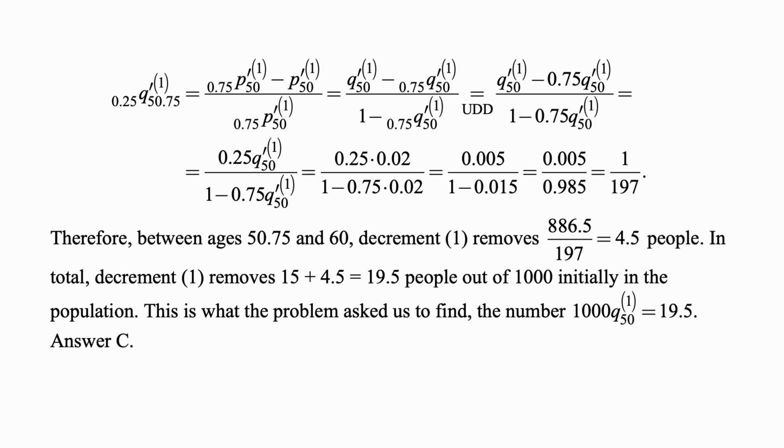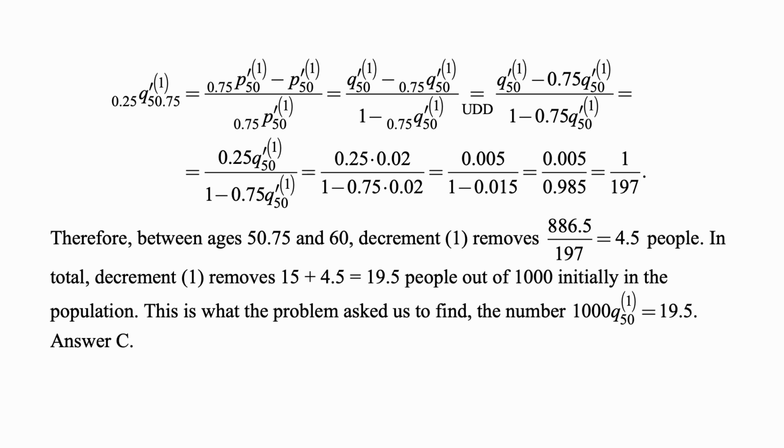And of course, if you subtracted the size of the population and then divided by the initial population, we would do this at the top and the bottom. Might as well just work with probability of survival. So this is 0.75 p prime 50 upper 1 minus p prime 50 upper 1. And remember that the second expression really has a 1 in front of p as a subscript, but we drop it because that's the standard actuarial notation.